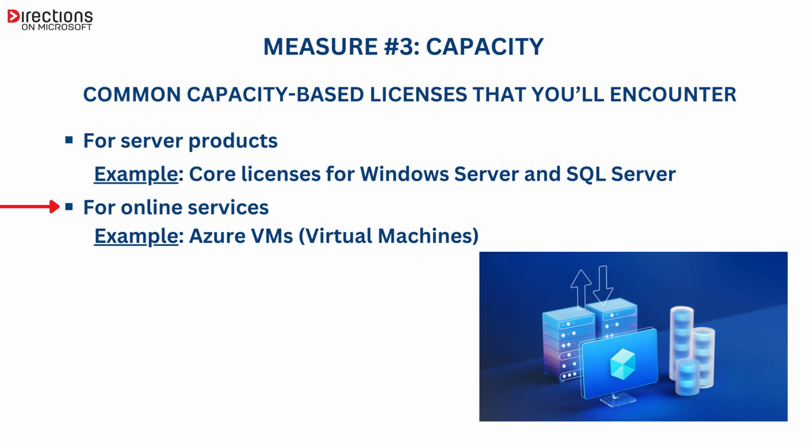Today, capacity-based licensing is most widely used with online services, and capacity metrics vary depending on the specific service. Some metrics are straightforward. For example, Azure Virtual Machine capacity covers use of a specific number of cores and memory on a particular chip architecture, along with some temporary storage.